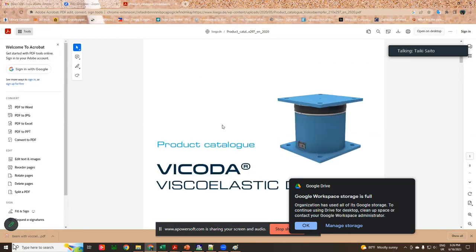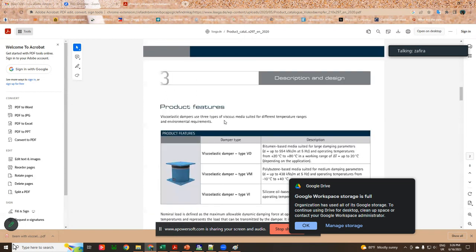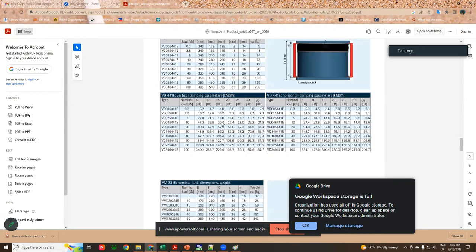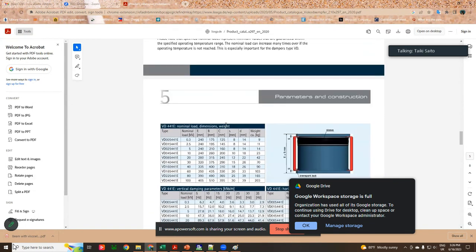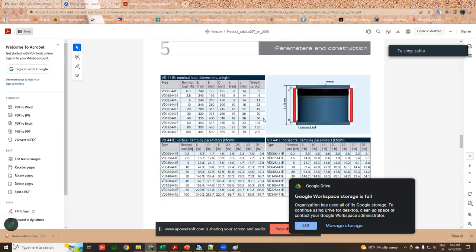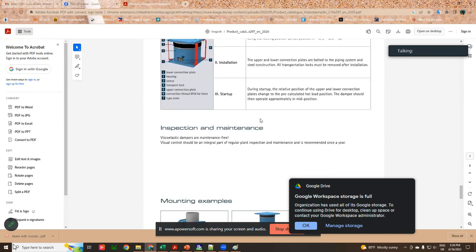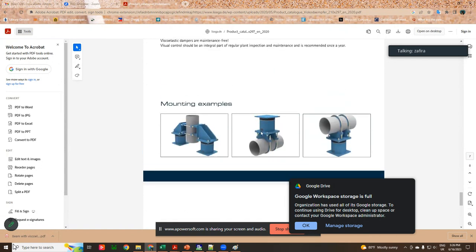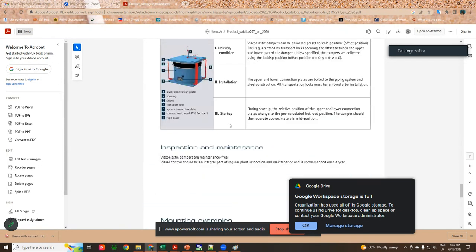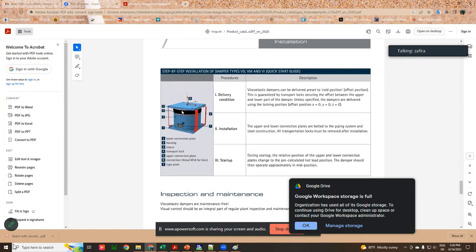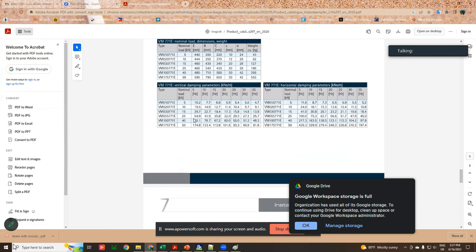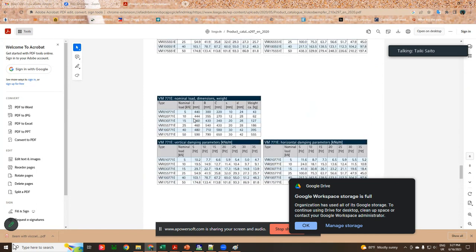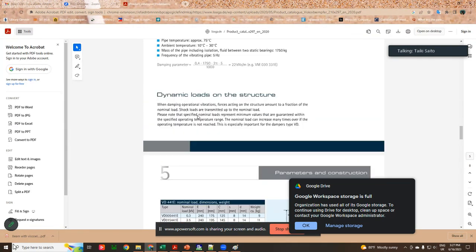It's a catalog. This is... okay. This is a different type of viscoelastic damper. This only has one layer. Is this for earthquake shaking, or what is the purpose of this?